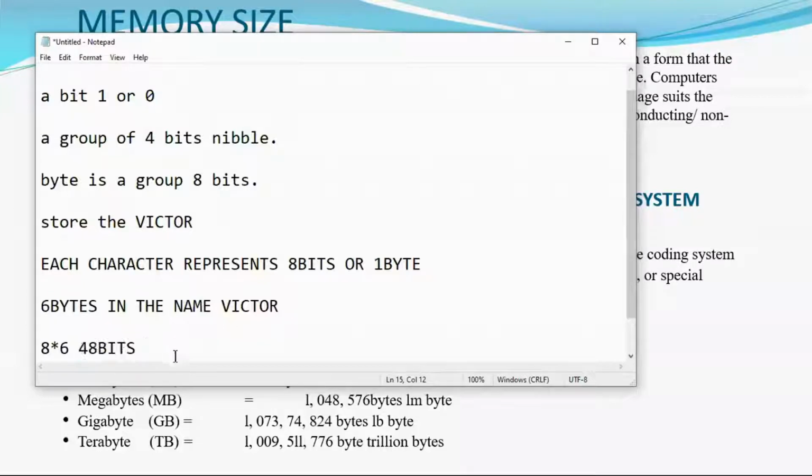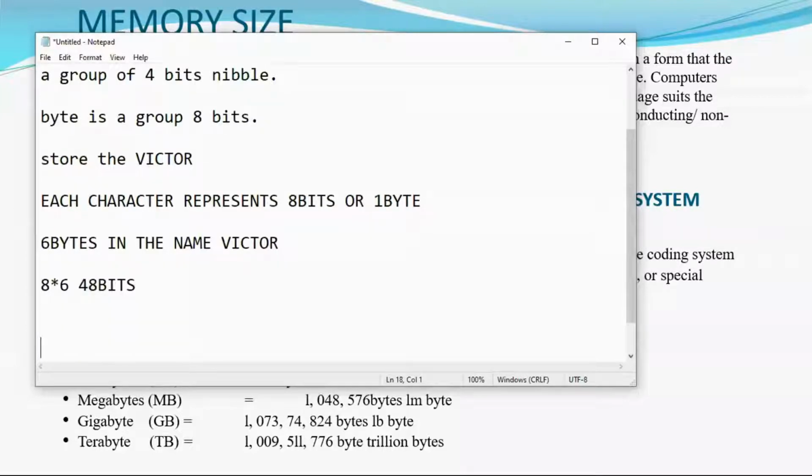Now, sometimes you will be asked to find how much storage space is needed by the computer to store the sentence, my name is Victor. The same thing applies here. They can tell you to put this in bytes. The full stop is inclusive. Even the space in between the words is a character.